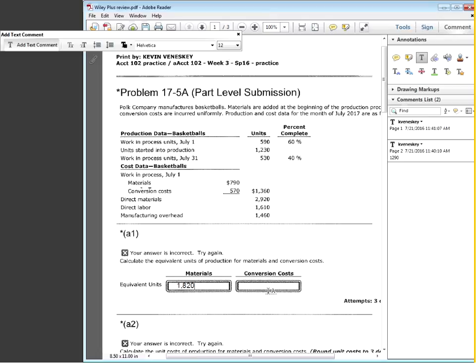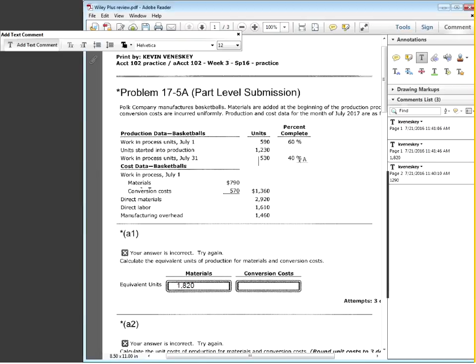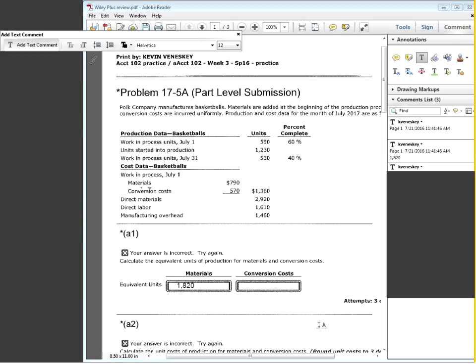Now for conversion costs, actually getting those materials into what they need to be, that's where it's a little bit different. I need to concern myself with this 40% in the ending goods. So how you get your conversion costs, remember, is we take our items that were actually transferred out, which was 1,290, and then add to that the 40% of the 530.